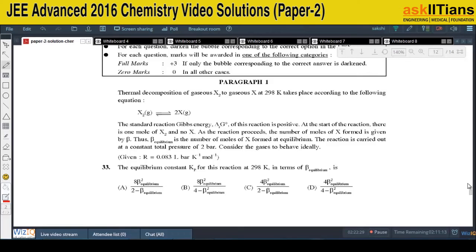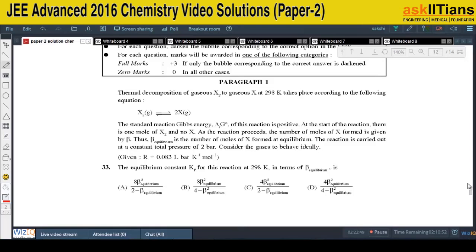At the start of the reaction, there is 1 mole of X2 and no X is there. Now he is saying that as the reaction proceeds, the number of moles of X that will be formed will be given by beta. Thus, beta equilibrium is the number of moles of X formed at equilibrium.